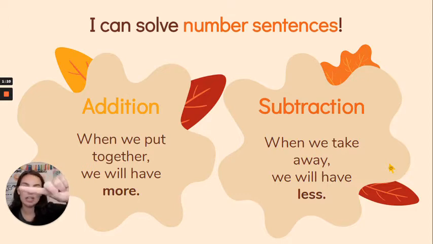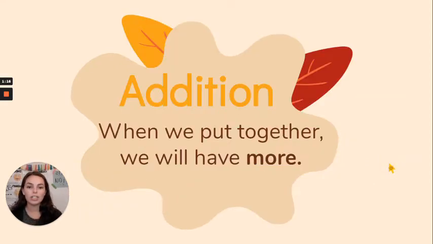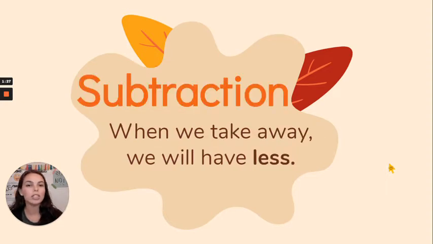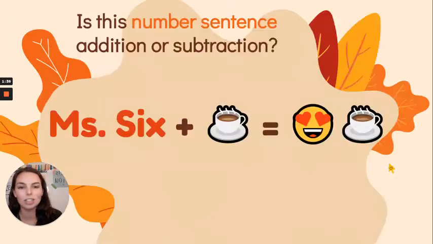And I always do this, subtraction. We're taking away. So for addition, we're going to put things together. We'll have more, so show me the sign for adding. Yes, the plus sign. And now subtraction, we're taking away. So show me the sign for subtraction. Minus sign, take away. Good job.